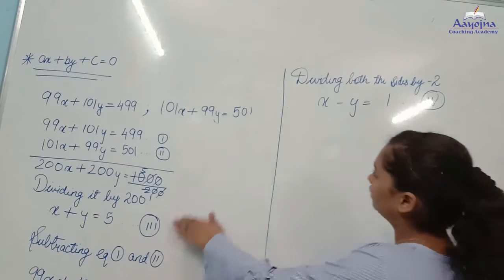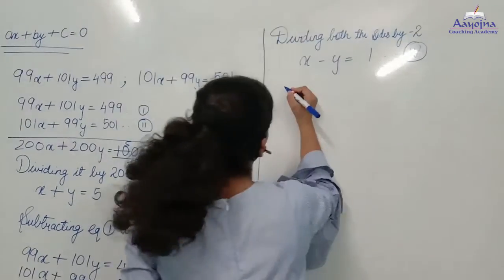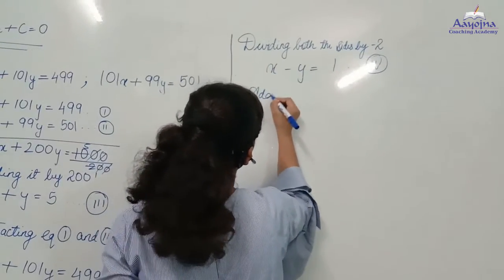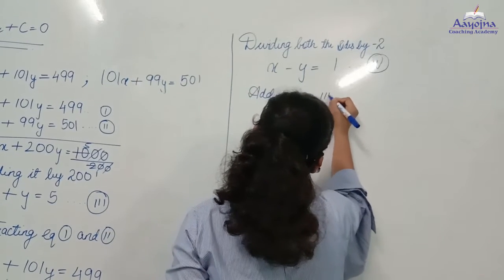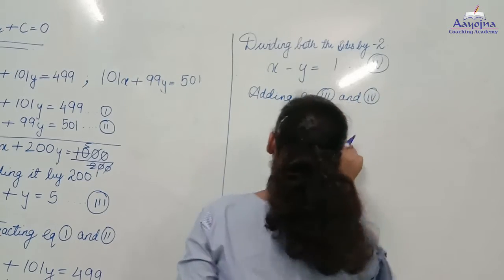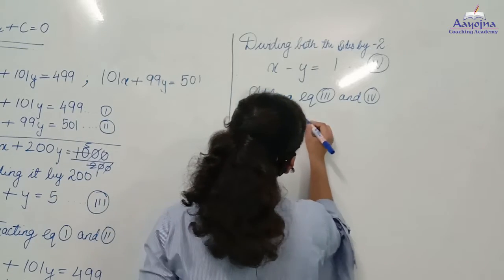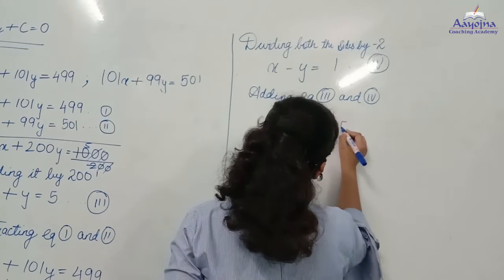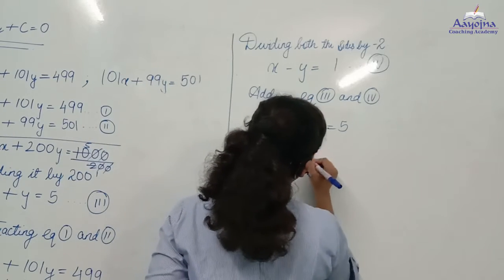Now after we get our third and fourth equations, we are going to add these two equations. Before adding, we'll write the statement. Now we'll add the equations. So x plus y is equal to 5 and x minus y is equal to 1.